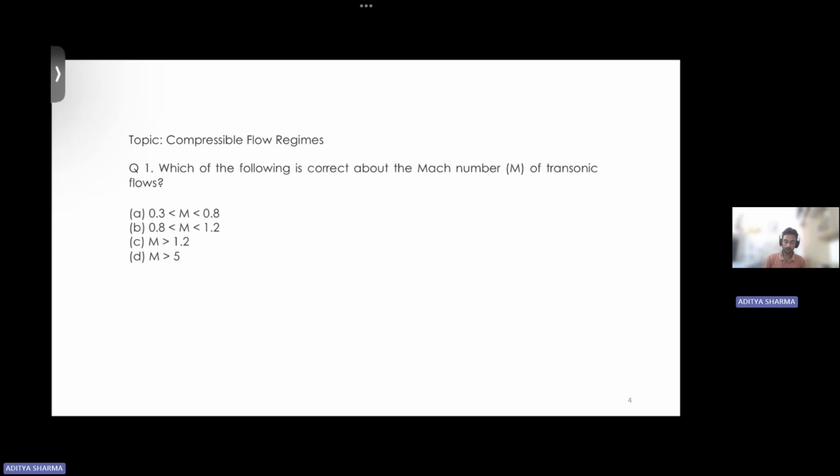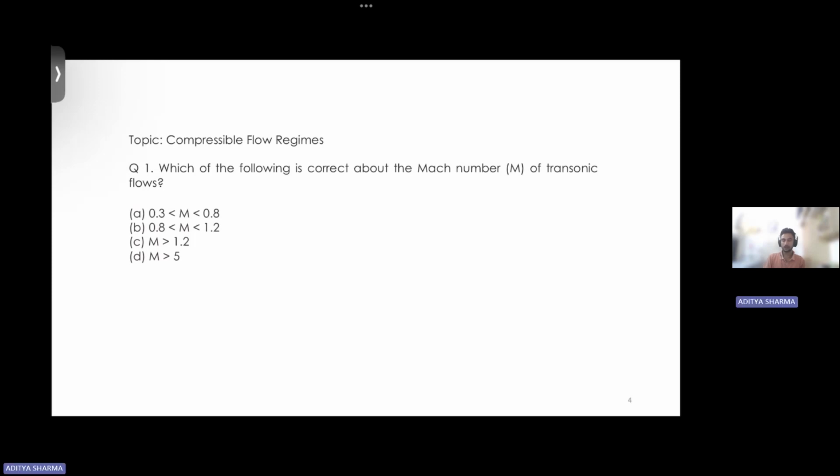But then if you see option B, right? So this is from 0.8 to 1.2. So this is a region where the flow is transitioning from subsonic to supersonic. So this becomes a special field of study, right?